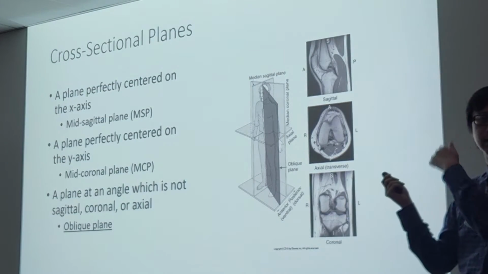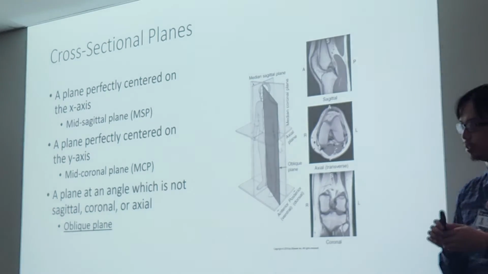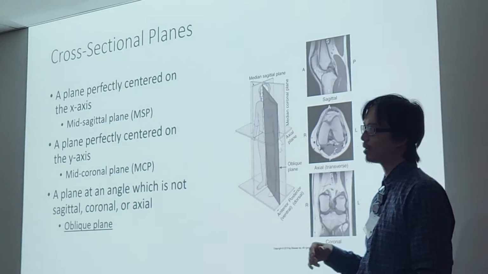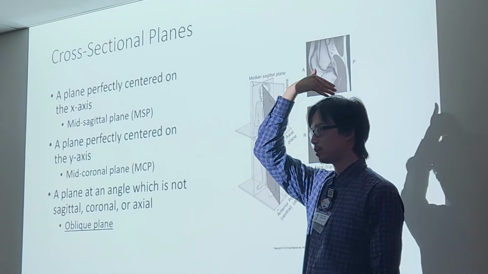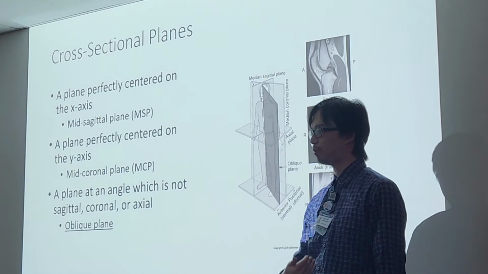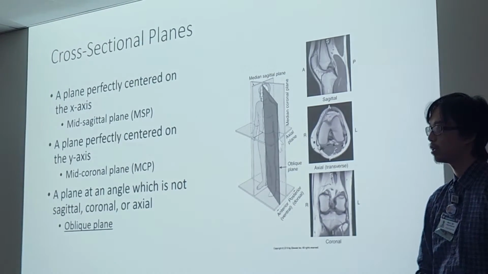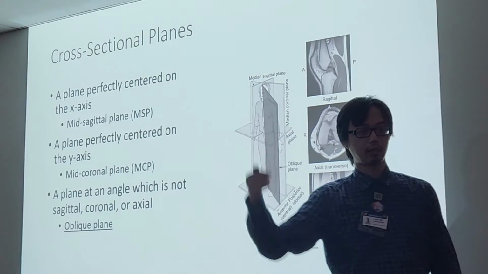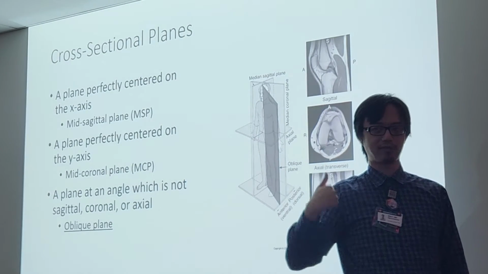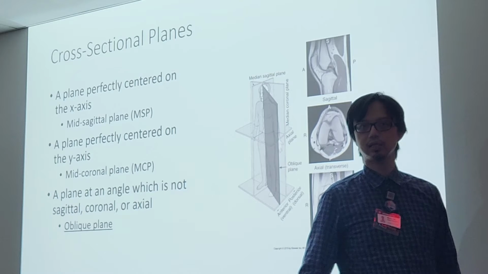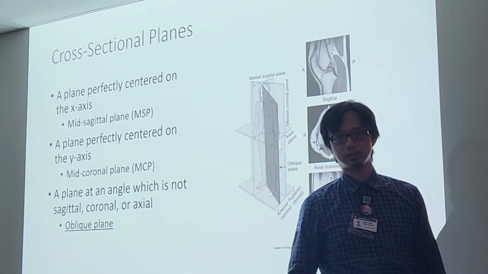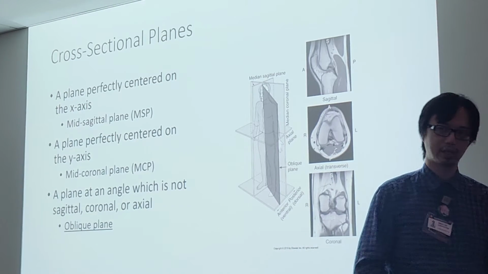So these terms you have talked about with Mr. Donahue. If the plane is perfectly centered on your x-axis, cutting perfectly down to divide me into left and right halves, that is your MSP. If you're cutting here to perfectly divide me into front and back halves, along the y-axis, that is your MCP, your mid-coronal plane.